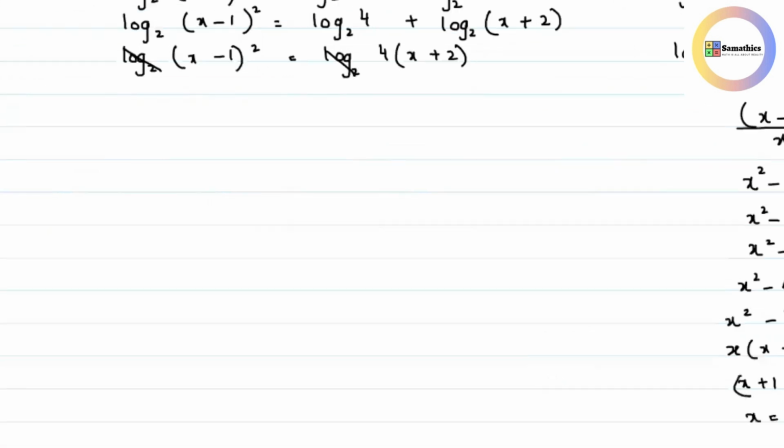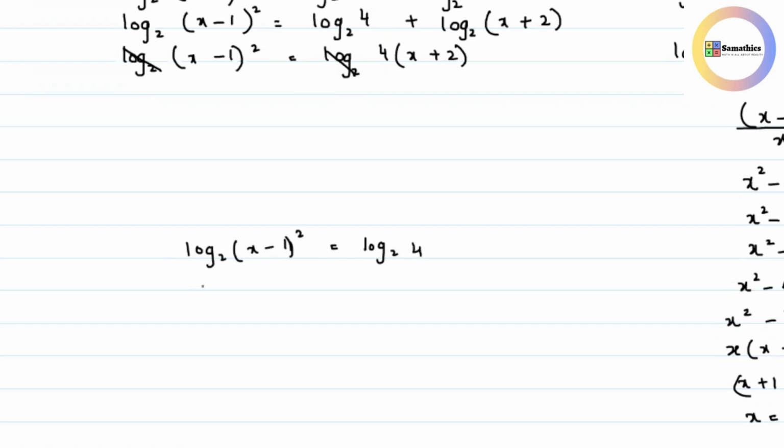Now we will check whether it is satisfying all these logs or not. If we write here log 2 (x minus 1) whole square, and substitute the value of x as minus 1, minus 1 and minus 1 will become minus 2, and minus 2 square is 4, so it will become log 2 of 4.